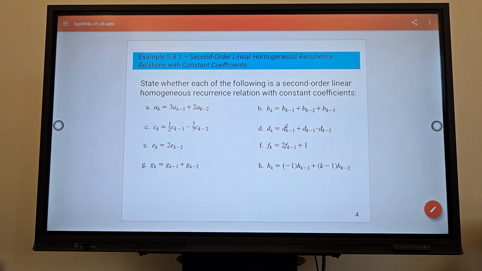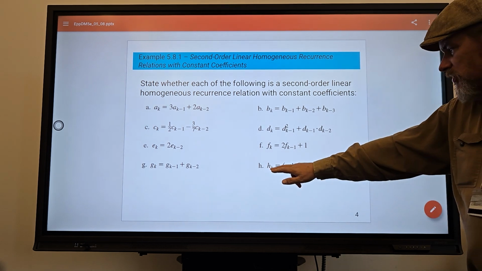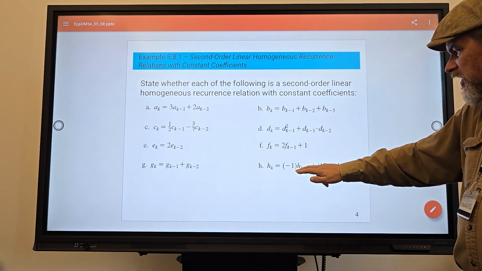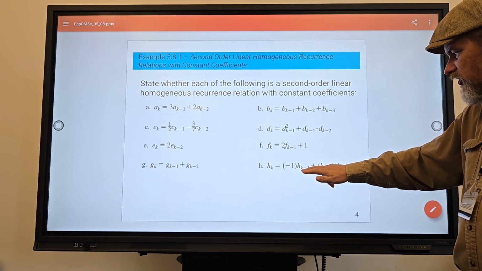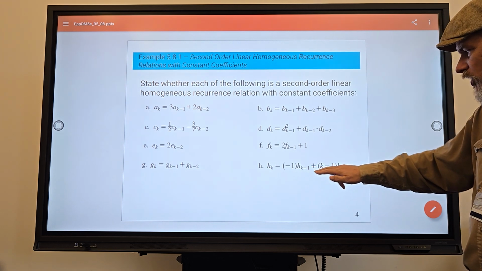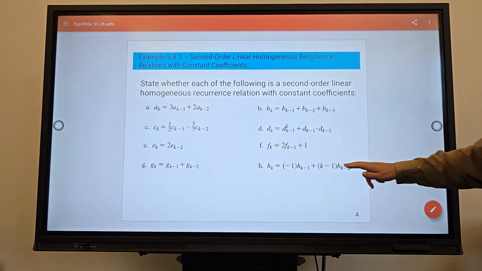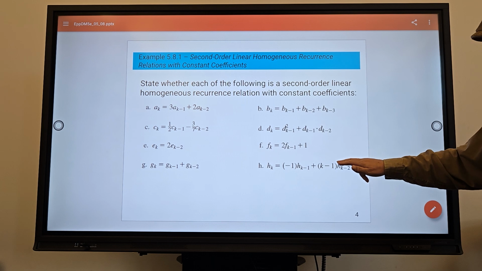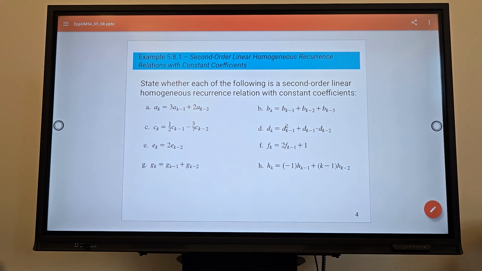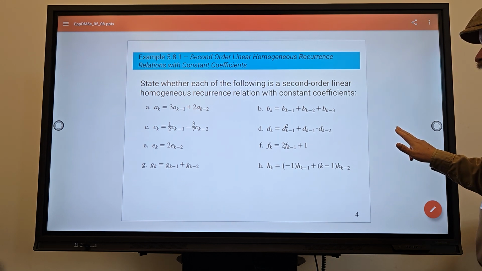And finally, h sub k equals minus 1 times h sub k minus 1. And then B is not a constant number, so it doesn't have constant coefficients. So it would not be a second order linear recurrence relation with constant coefficients.